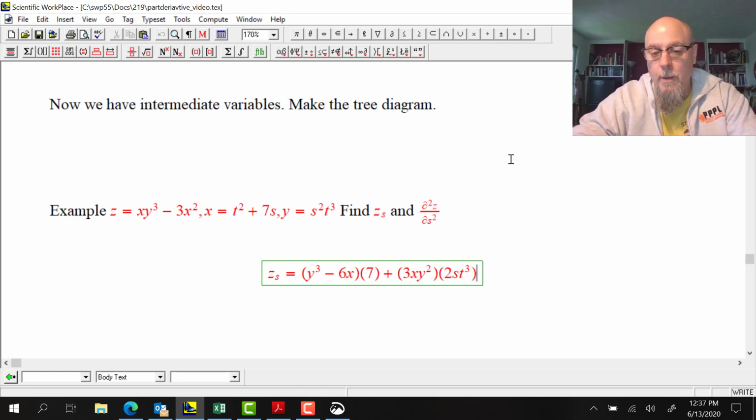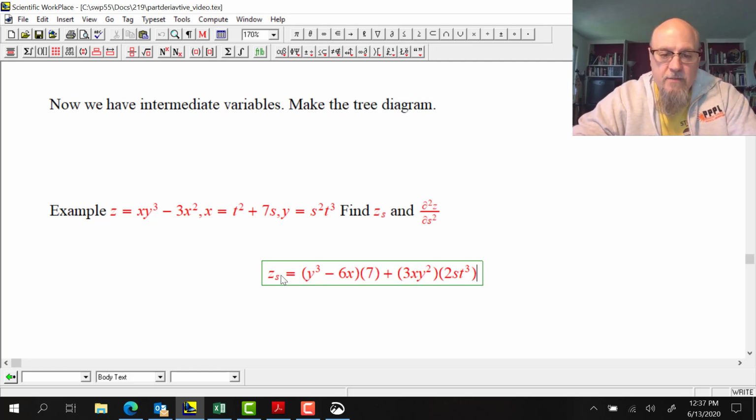We at least did this first piece, and that's pretty much just another example of the things we had seen before. But now I need to differentiate it again with respect to s. But now my function that I'm going to differentiate has x's and y's and s's and t's in it. So now it's going to be a little bit more involved. But some of this is not too bad, right?